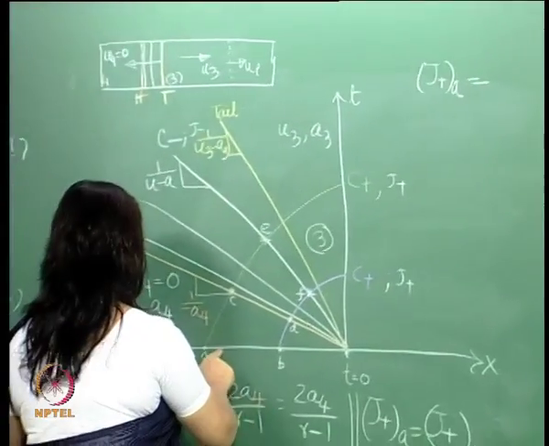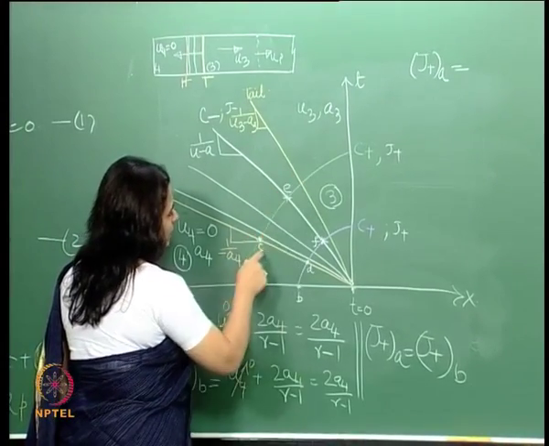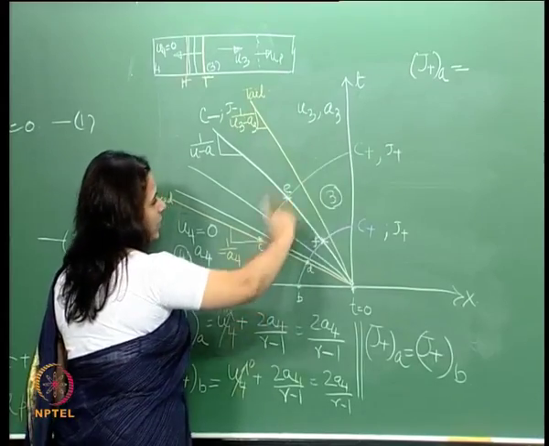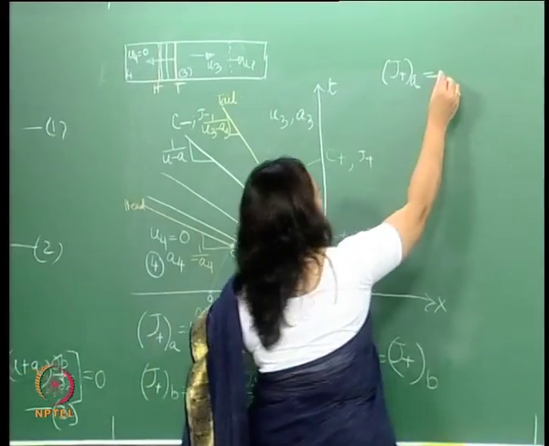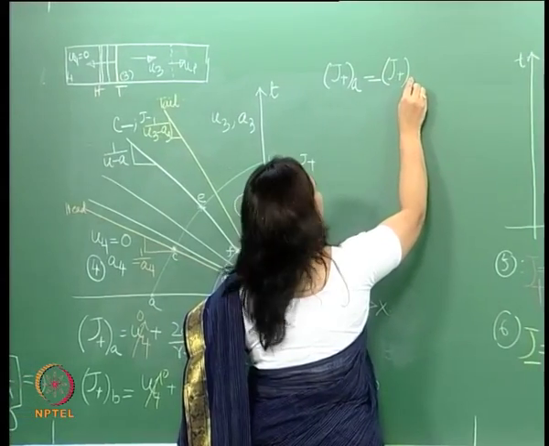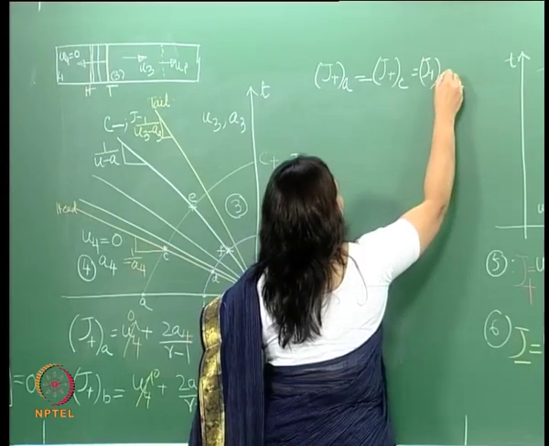Now, this is constant along the same line. This point C lies on this green characteristic, so this is also equal to J plus C.